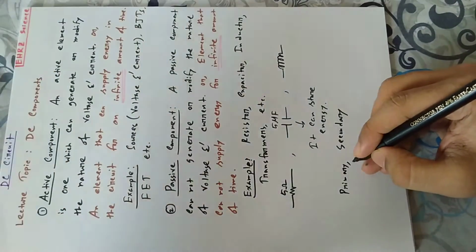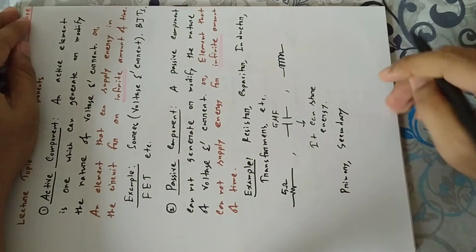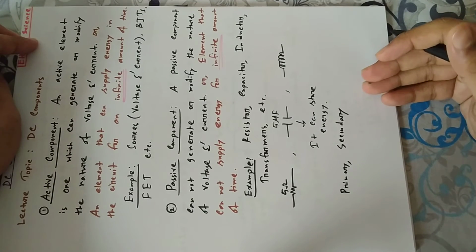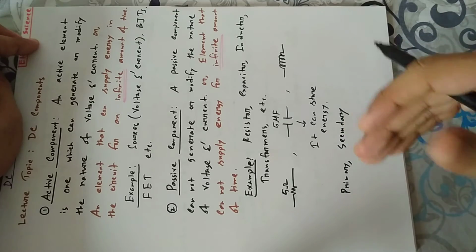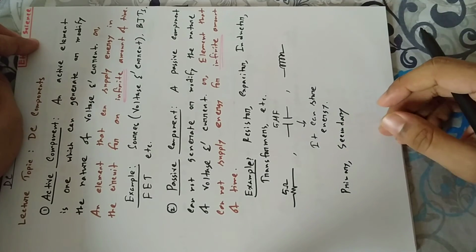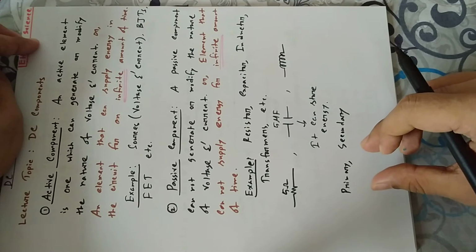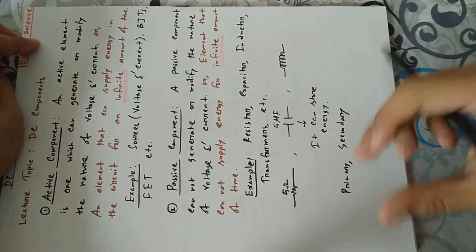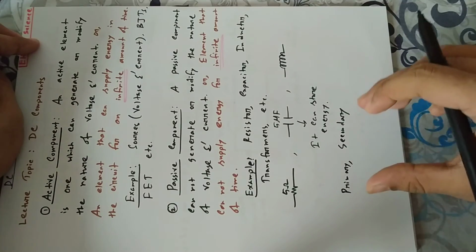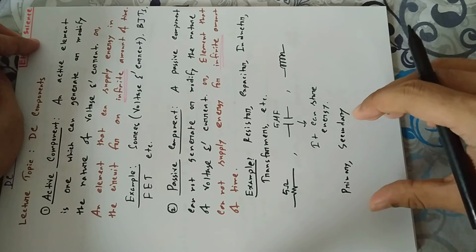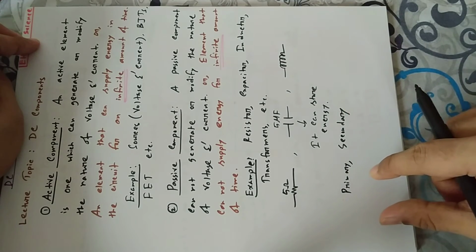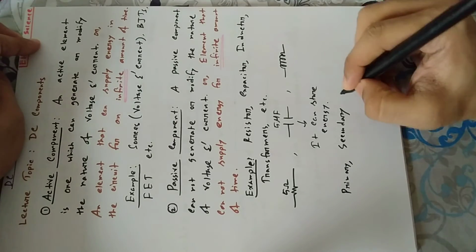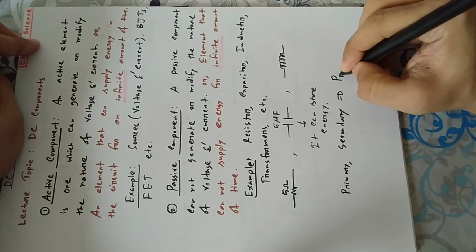Since a transformer cannot generate an extra amount of voltage or current, for simplicity I can say that a transformer is a passive device, and the power in the primary side is the same as the power in the secondary side.